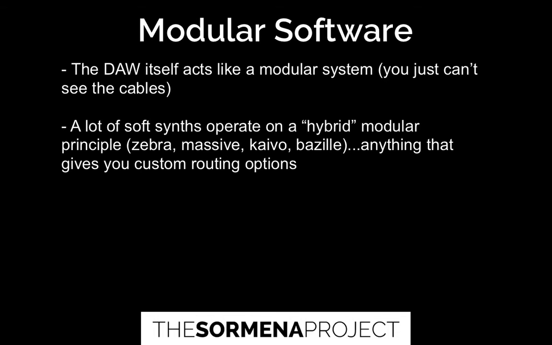So, as I said, anything that gives you custom routing options pays a lot of homage to modular designs. Coming full circle, most of the soft synths coming out nowadays do give you that kind of routing flexibility.